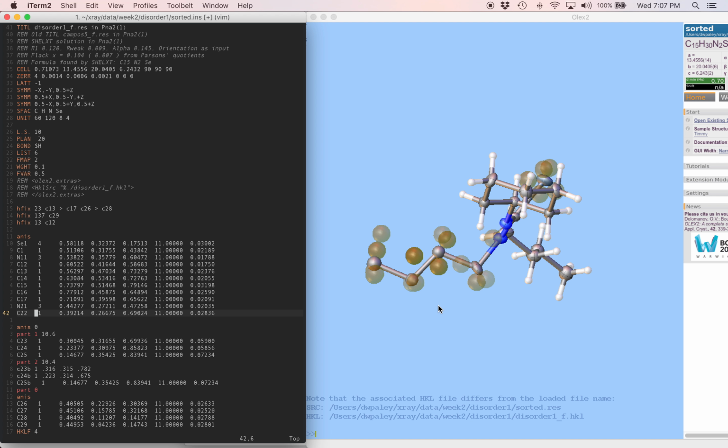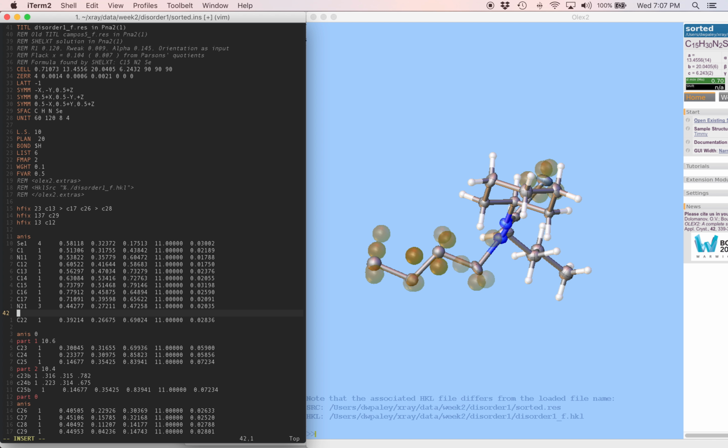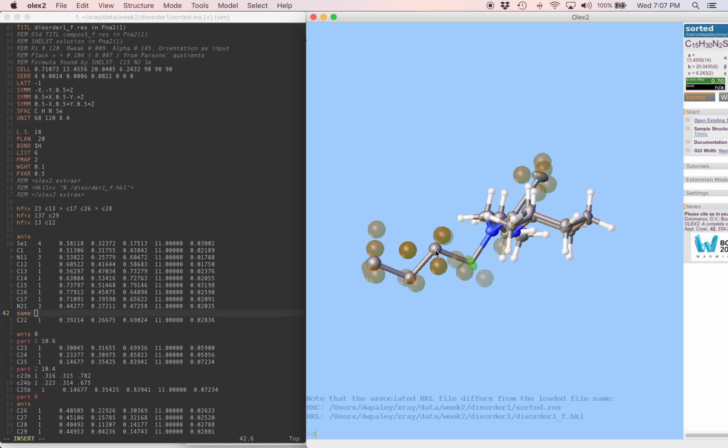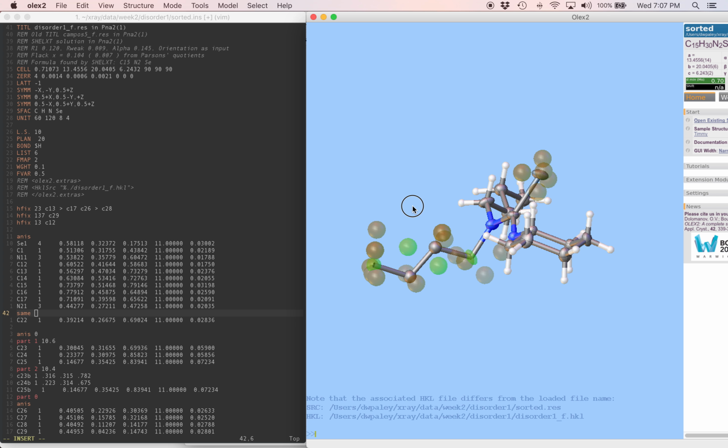So the same instruction is going to come before C22, and we're saying that C22, 23, 24, 25 are the same as C22, 23B, 24B, 25B.